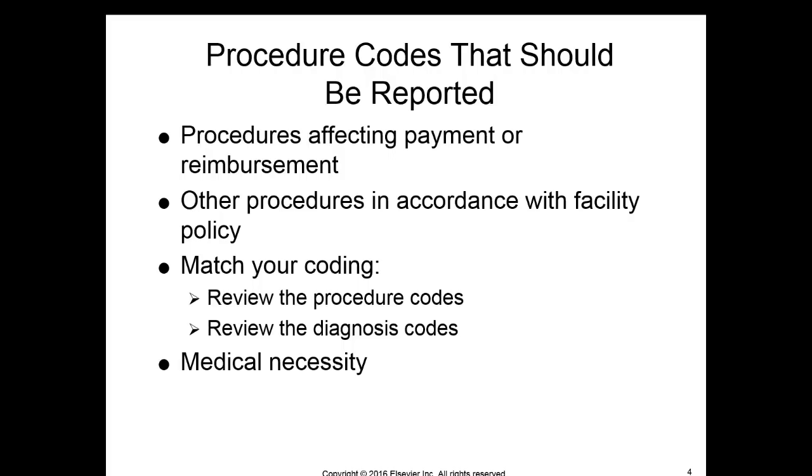You wouldn't say that a patient had a colon resection without a corresponding diagnosis to justify that procedure. We want to make sure that there's medical necessity for that procedure, and that's what the diagnosis code does, it provides you with that medical necessity.